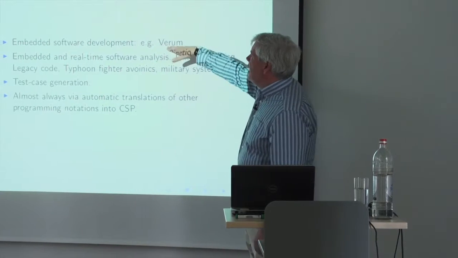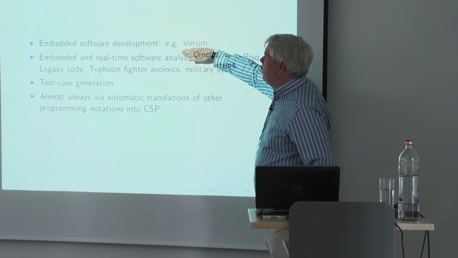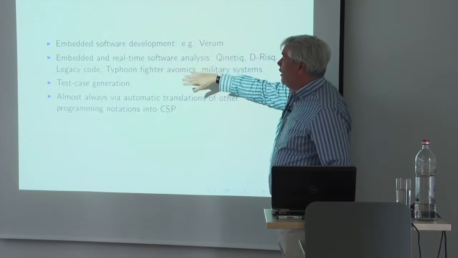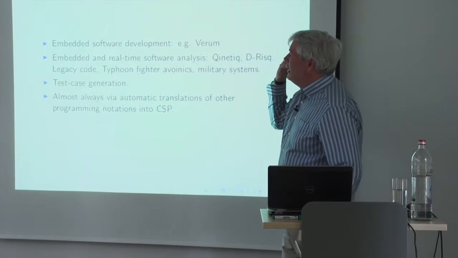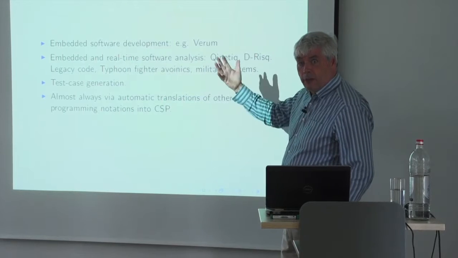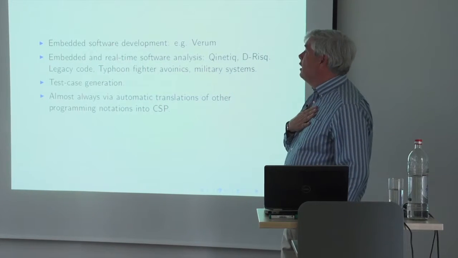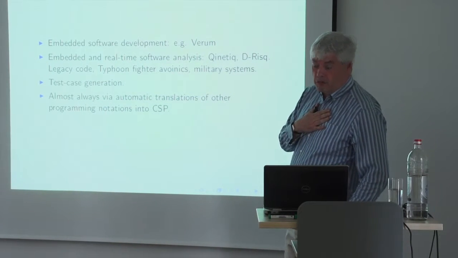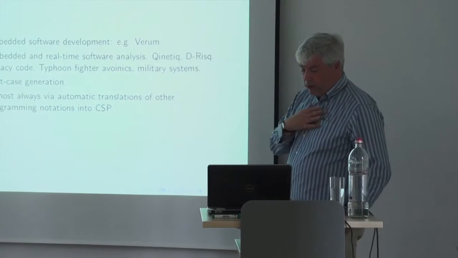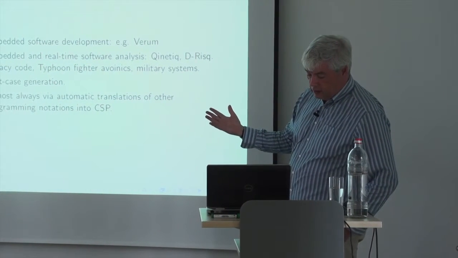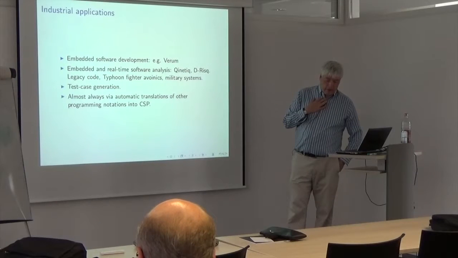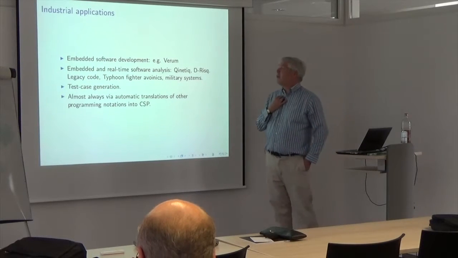So whereas here code was being verified correct by design, what these people were doing is typically taking legacy code, or code that had been developed by other parties, and then finding ways of running that through FDR, frequently by means of things like state charts, but also ways of compiling various dialects of C, for example, into CSP, which always surprised me.